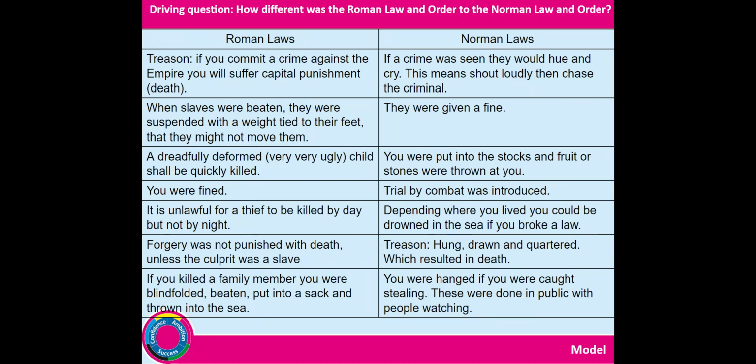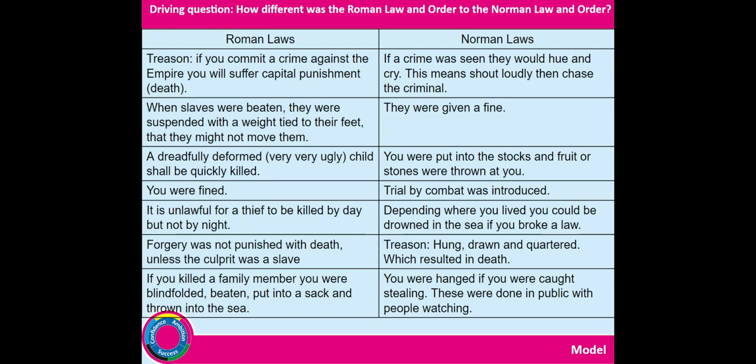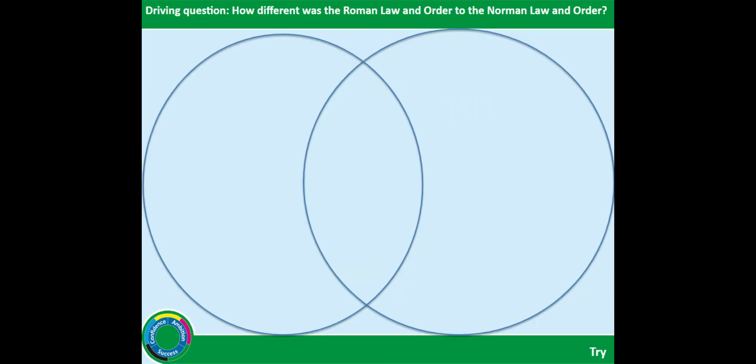What you're going to do is put the correct laws into the correct part of this Venn diagram on the task part of the lesson. There is a Google Docs called Task 1. Copy these parts of the table into the correct part of this Venn diagram. If it is a Roman only law or punishment, it goes here into the left part of the Venn diagram.